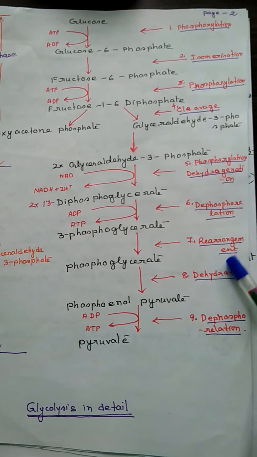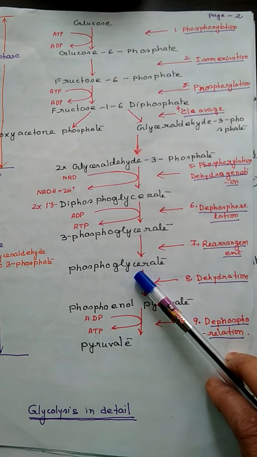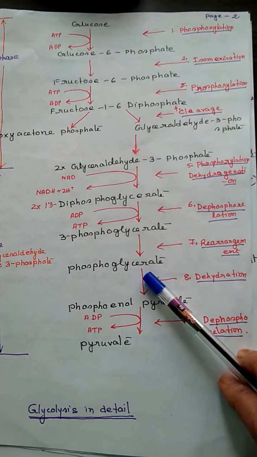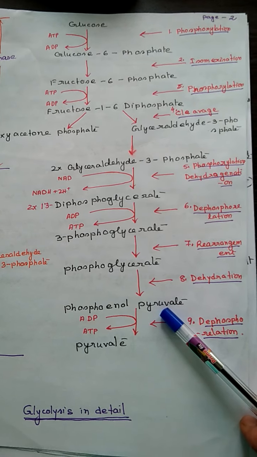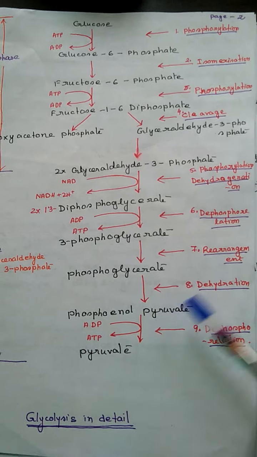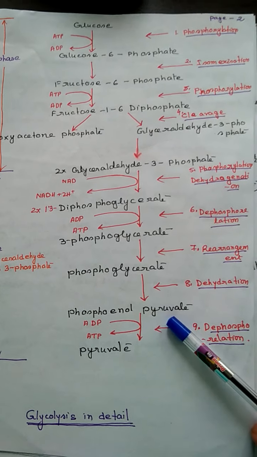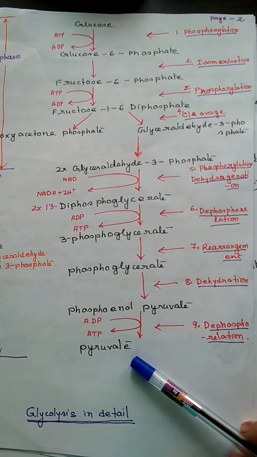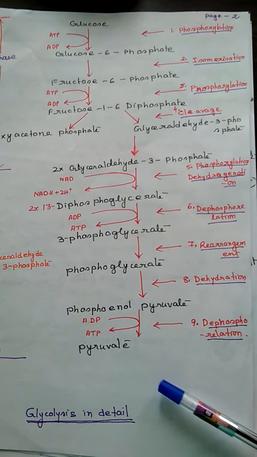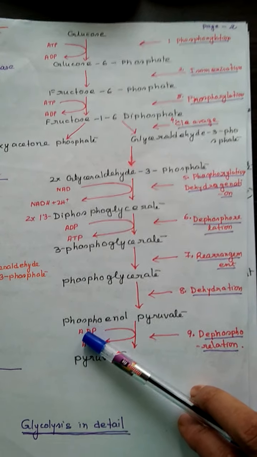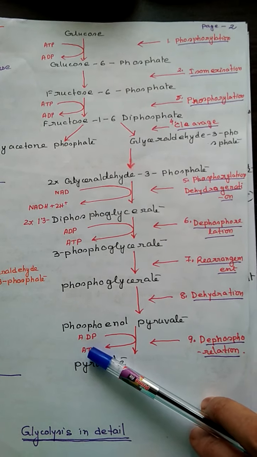So rearrangement is the process. Then phosphoglycerate forms into phosphoenol pyruvate. Dehydration takes place, and phosphoenol pyruvate to pyruvate. So that is the last part, that is dephosphorylation. And here again ADP is converted into ATP.